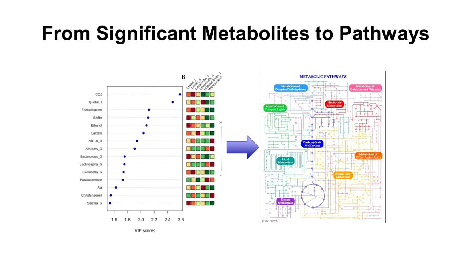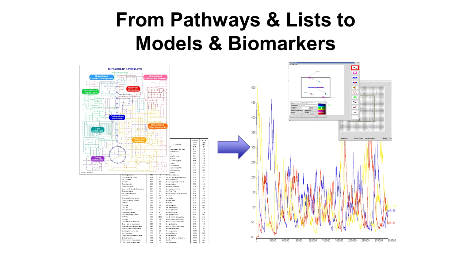You can get to look at the pathways, maybe metabolic or signaling pathways. And from the pathways, you can go a little further and you can start identifying biomarkers or models or systems biology models. And we'll briefly talk about some of those things, but that represents the interpretation part of metabolomics.